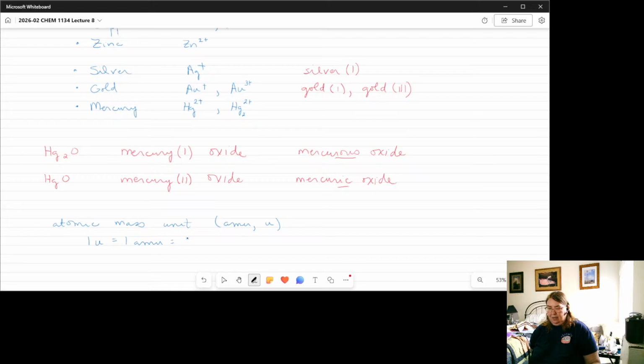So it's 1.66054 times 10 to the minus 27 kilograms. And that's really small. I mean, you're not ever going to weigh that. You're not ever going to come close to weighing that.